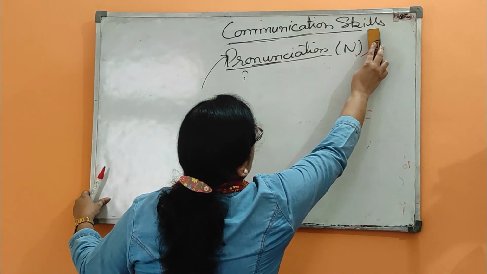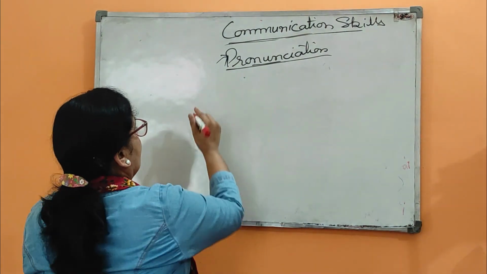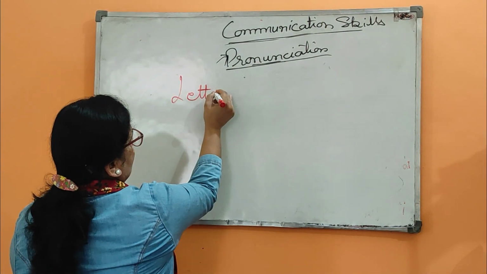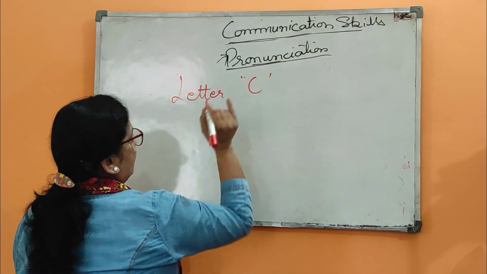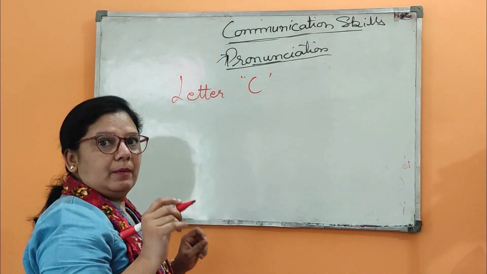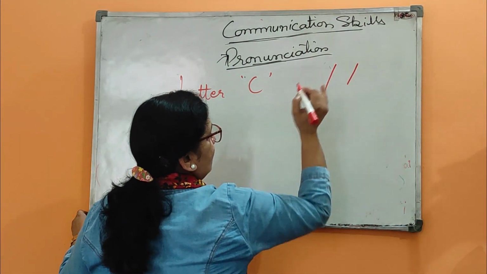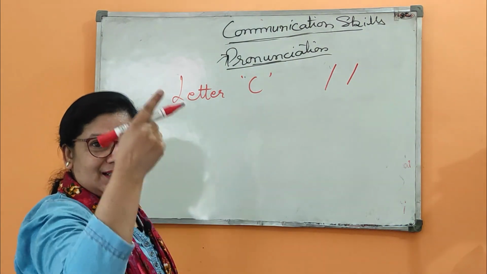We are talking about pronunciation. I am taking the first letter C. Letter C has different pronunciations. Whenever we talk about phonetics or pronunciation, we write the sound between two oblique lines.